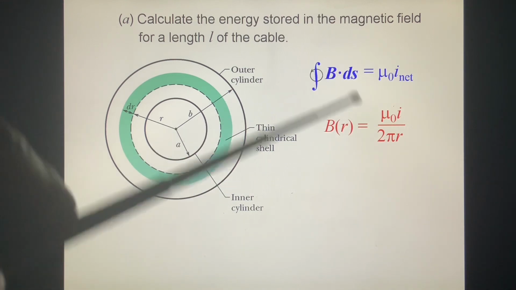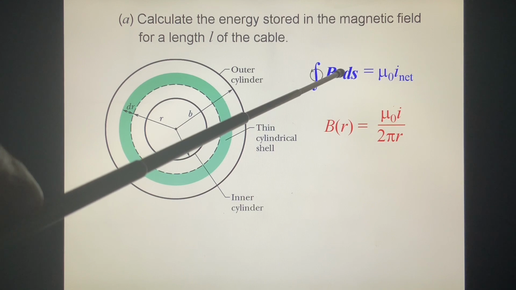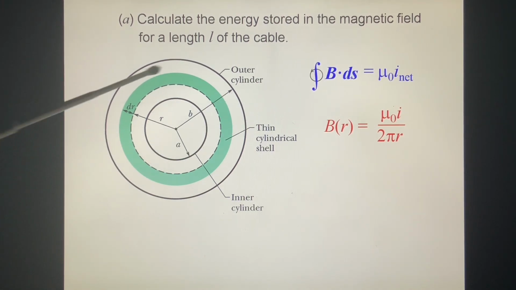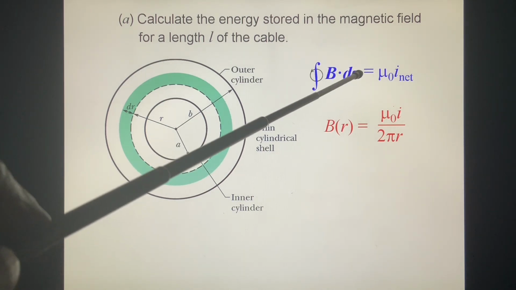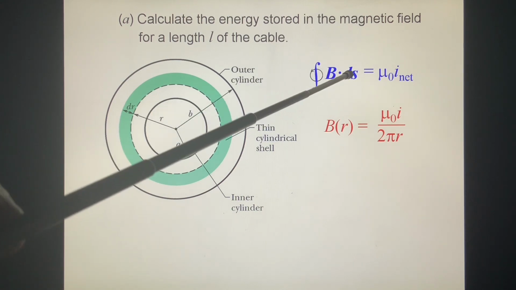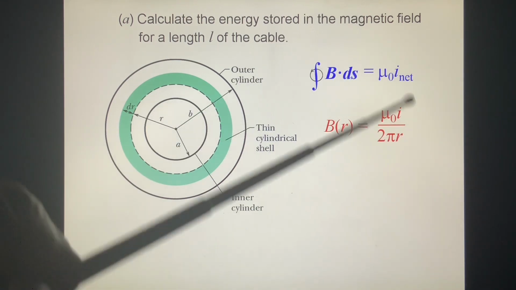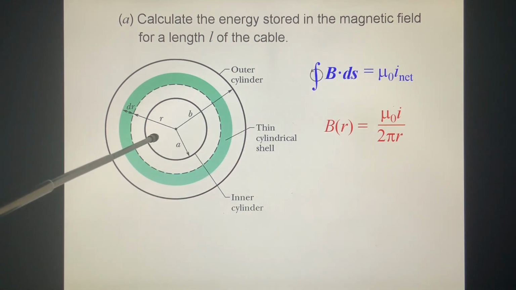This side is 2 pi r. Why? Because B, by symmetry, is everywhere the same in magnitude, and its direction is along ds. So for the integral of B ds, B is taken out, and ds gives 2 pi r, equal to mu 0 I net. I net is just the current inside.